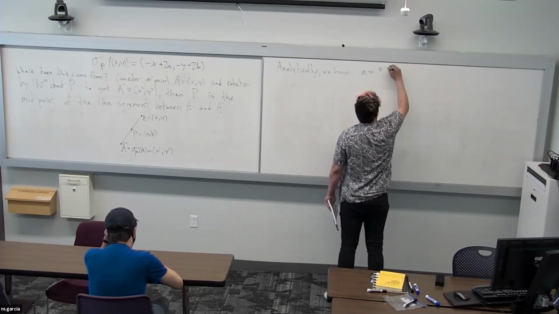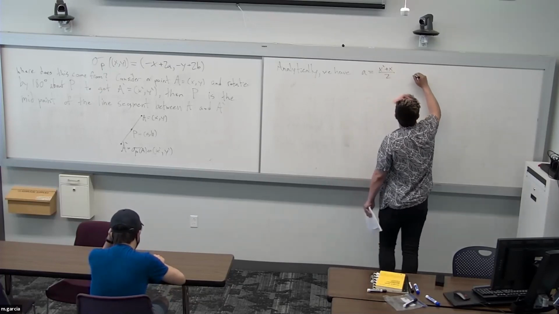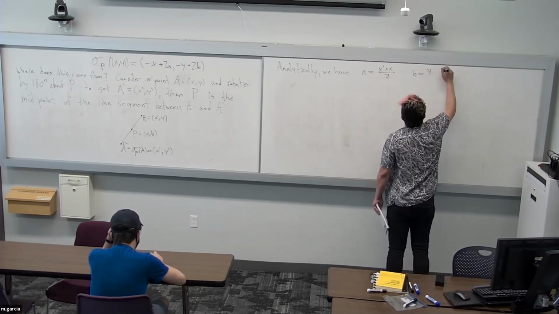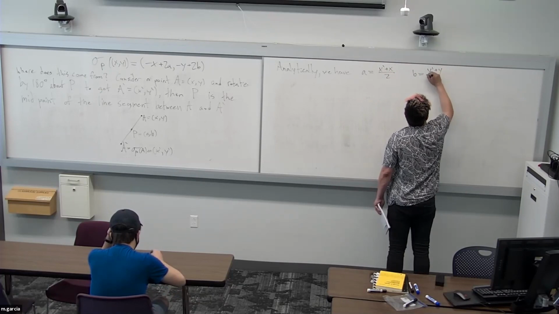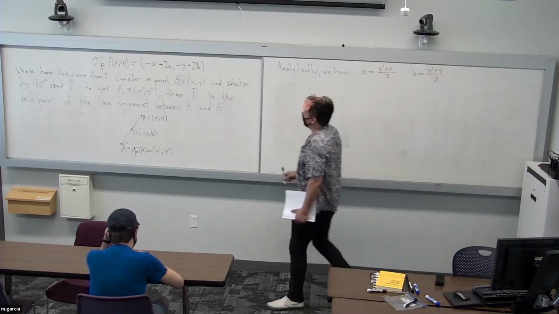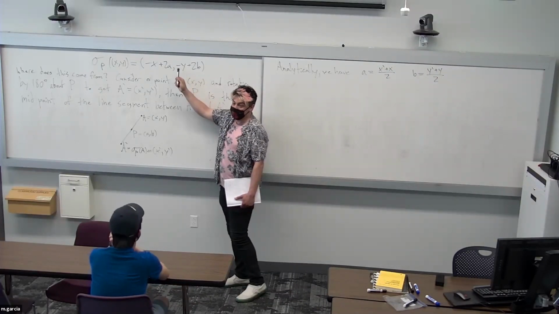That is x prime plus x over 2, and b is equal to y prime plus y over 2. Now it becomes clear where this formula comes from, right?